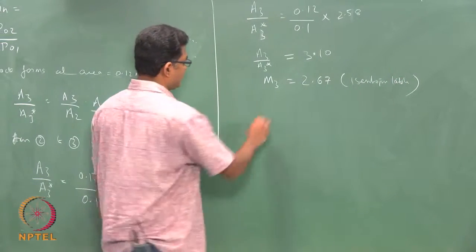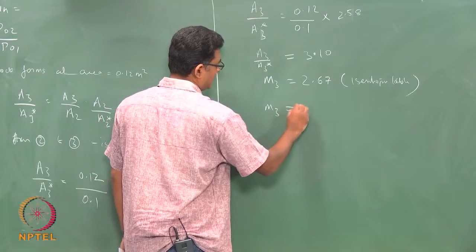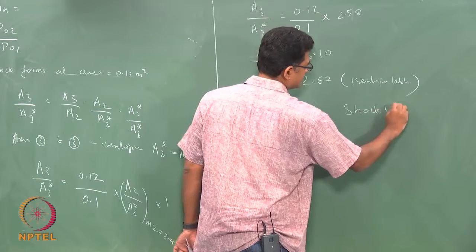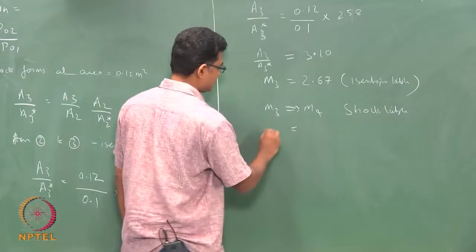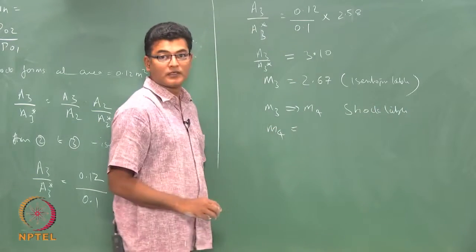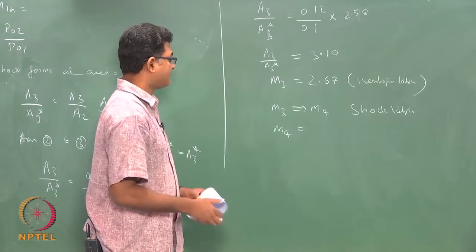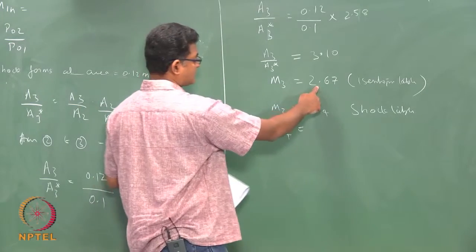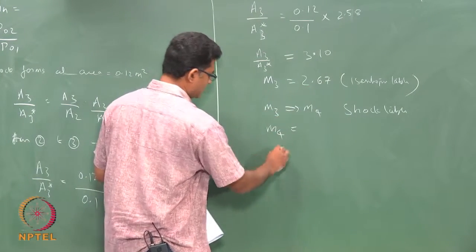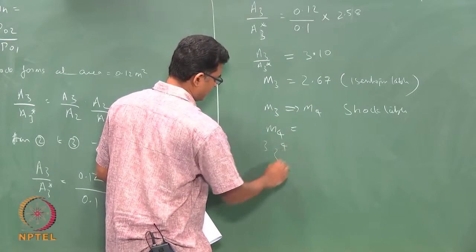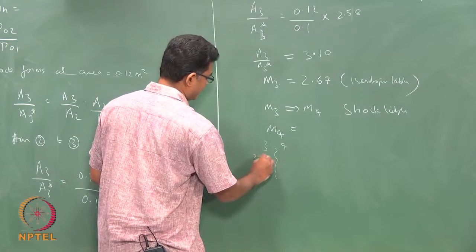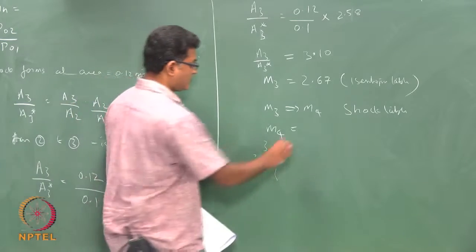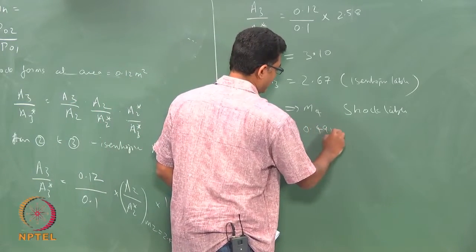Okay. If you know M3, I can find M4 from shock tables. For this Mach number there is a shock at 3 and 4, M3 is 2.64 and the normal shock gives 0.498.